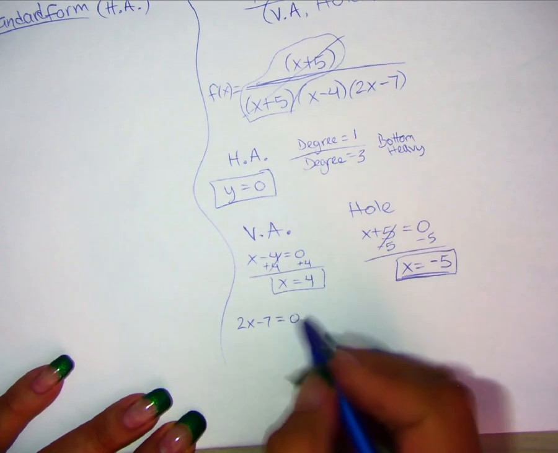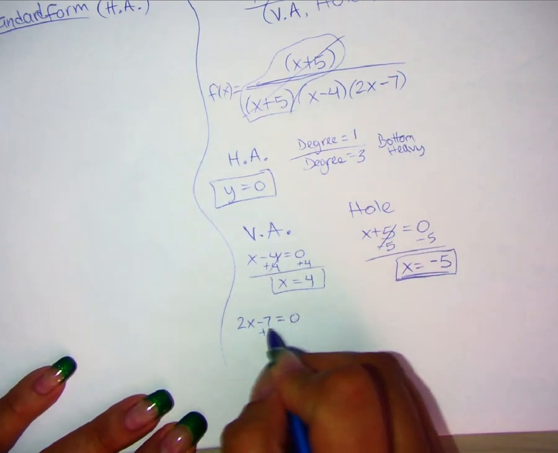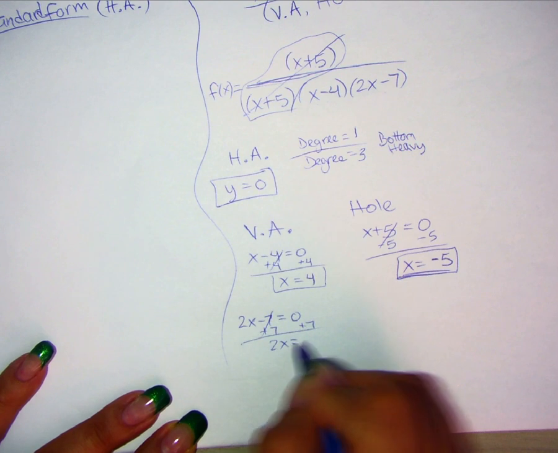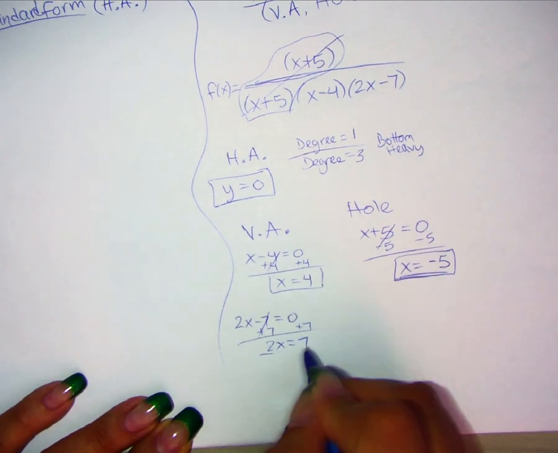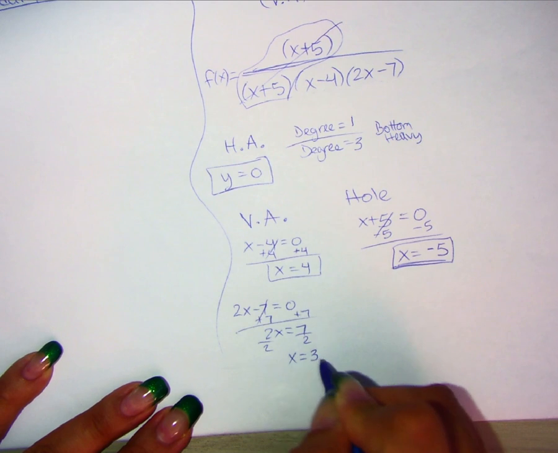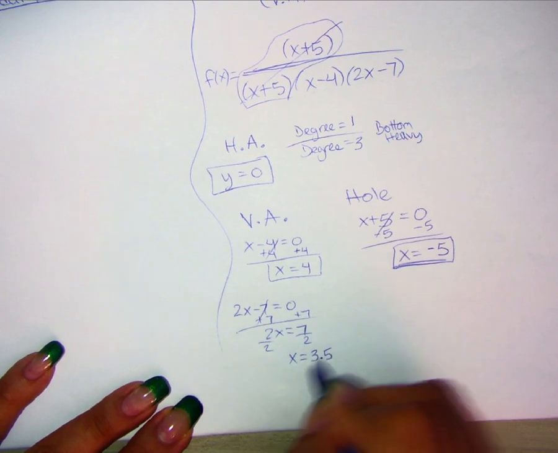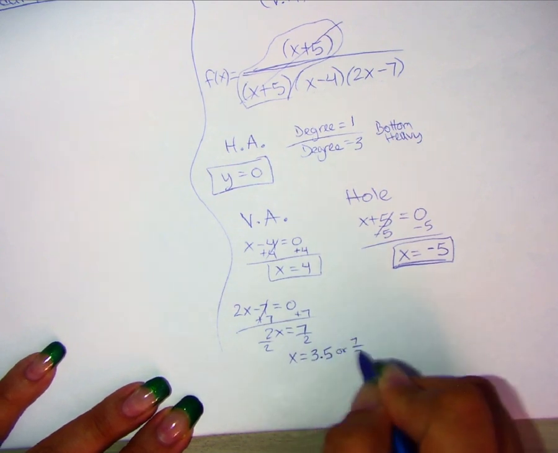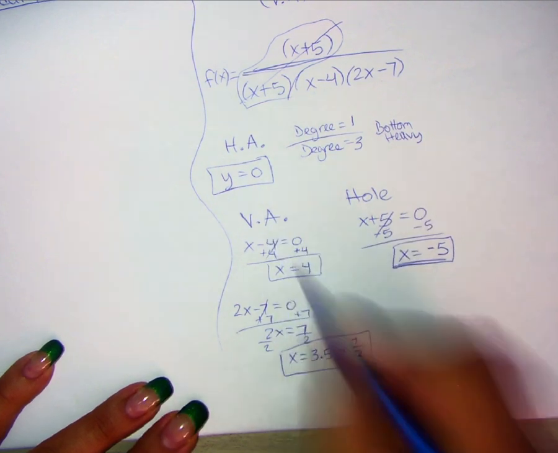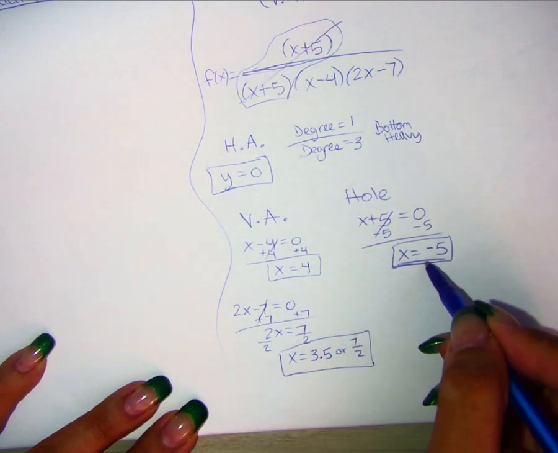And the other one, moving this to the other side, adding 7, 2x equals 7. Divide by 2. x equals, we can just put a decimal to estimate, 3.5 or 7/2, whichever one you want to keep. So here, these are the VAs, and this is the hole.